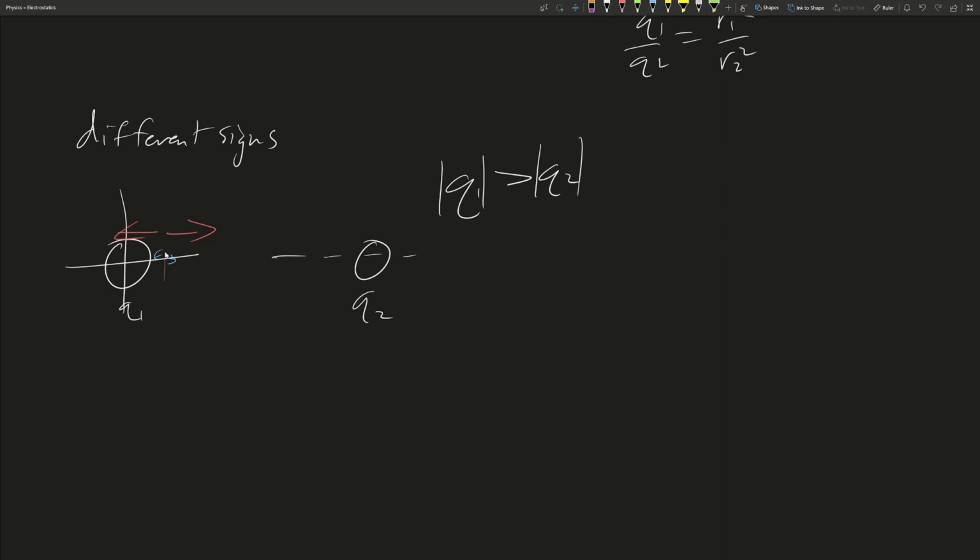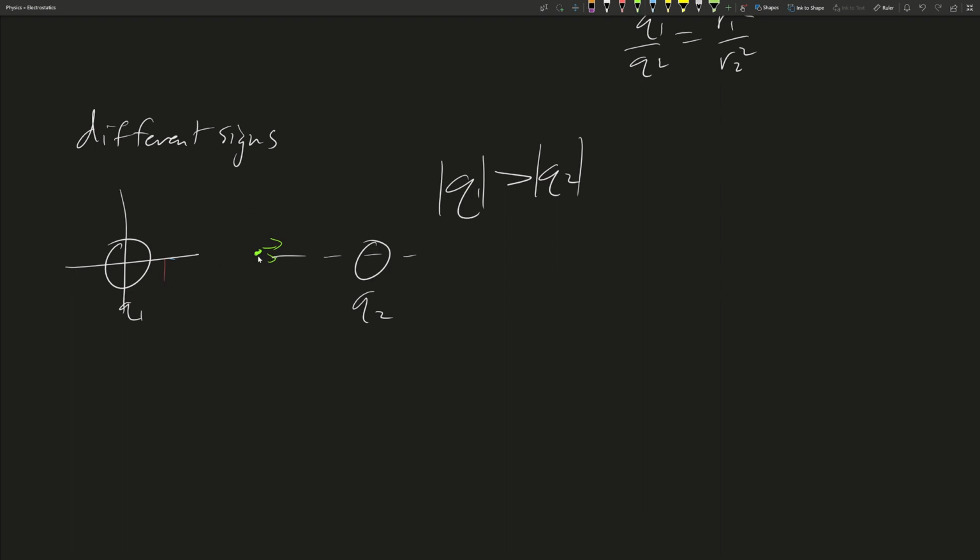However, since they're in opposite directions, if you have a charge in between them, I'll put it in green. If we put our test charge here in between Q1 and Q2, it's going to be repelled by one of them and attracted by the other one. So the forces from these are going to be in the same direction.